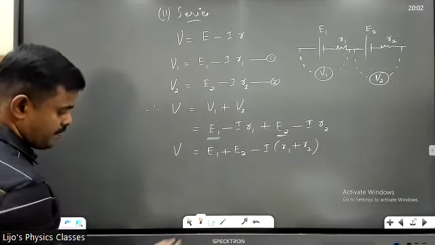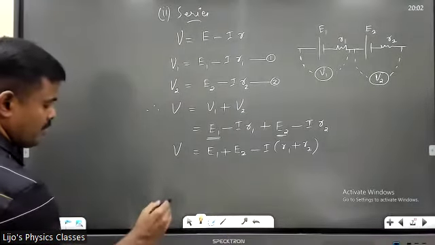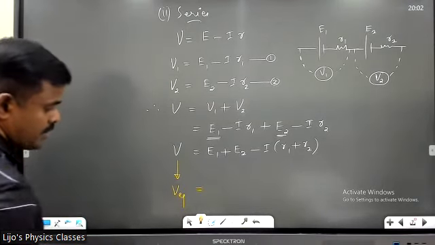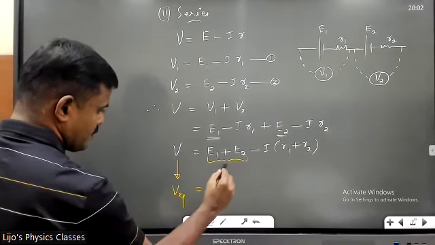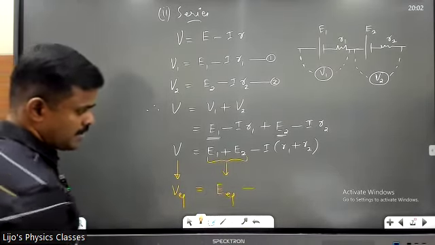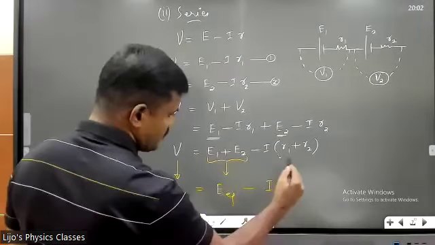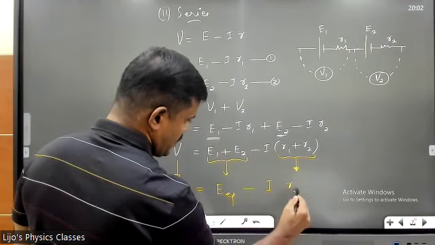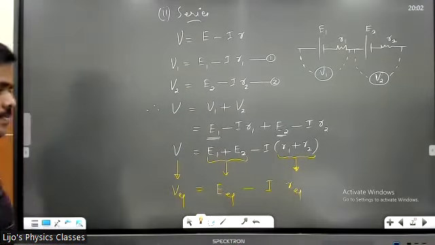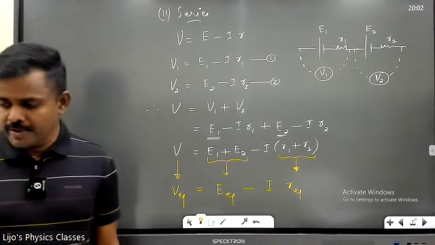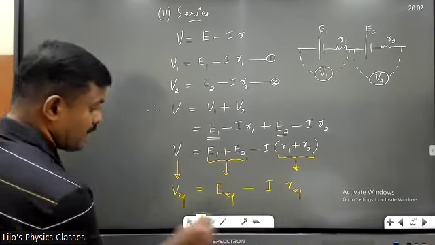This is V. Right below, you write V equivalent is equal to E equivalent minus I into R equivalent.